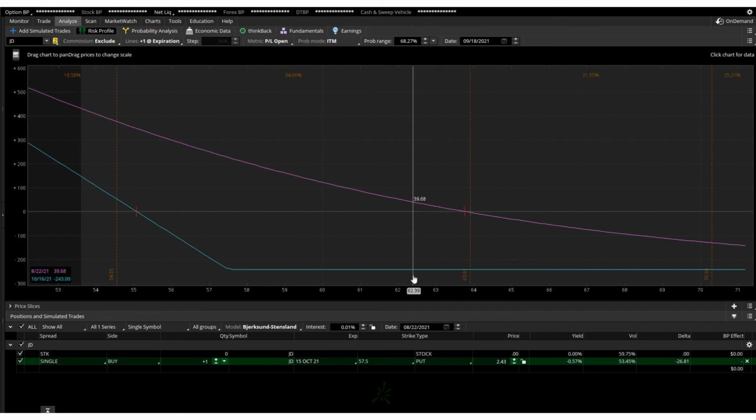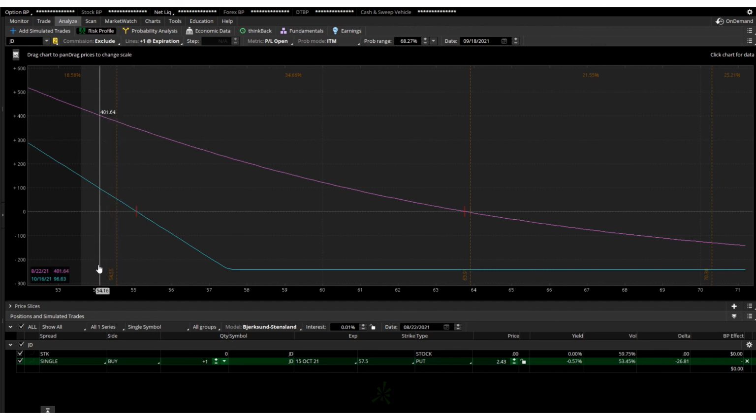So even if price keeps coming down, I'll be making on the daily P&L, but I won't fully recover my initial principal. Well, I won't start recovering my initial principal till sometime around 57.5. So that's where my strike is. So as price continues dropping down, I would have recovered my entire principal.